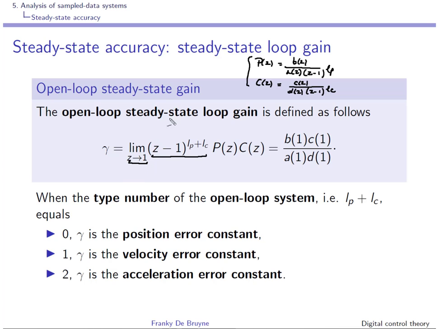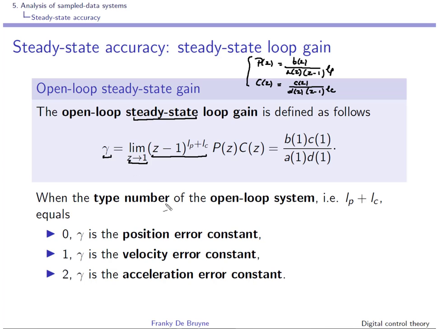This is because we want steady state behavior, so I refer you to the final value theorem in discrete time. Okay, and if you look at that, of course this will be BZ divided by AZ times CZ divided by DZ evaluated at z equal to 1, right? And we'll call this quantity gamma.